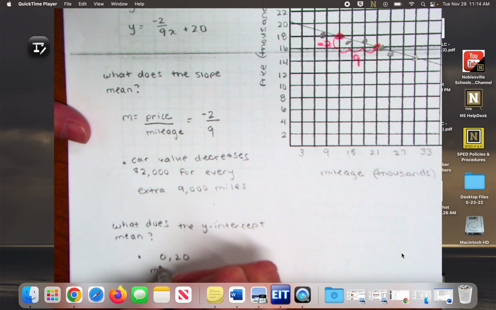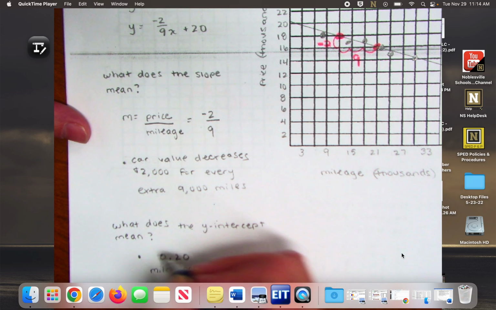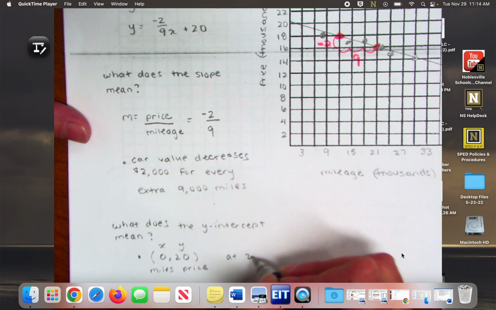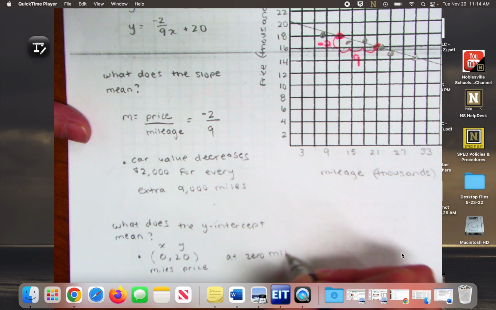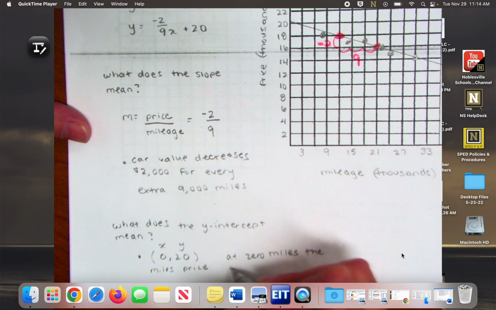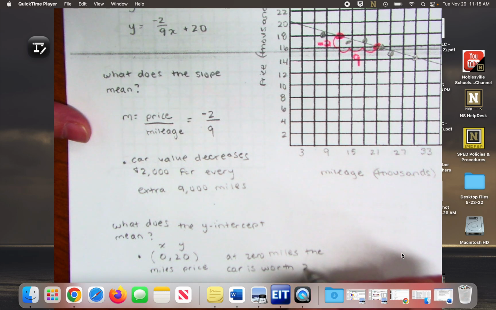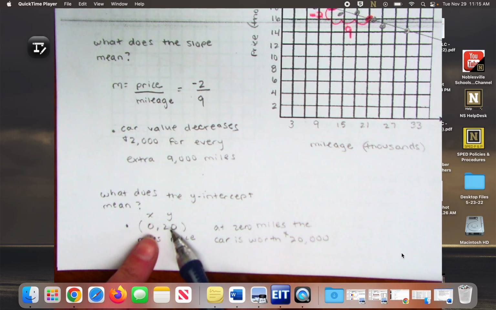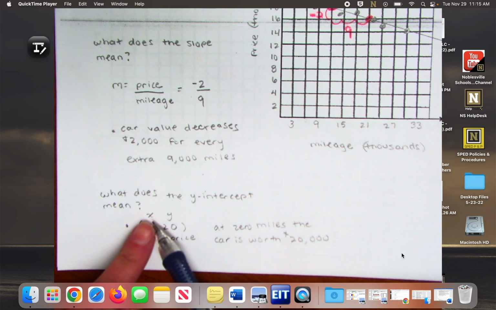So 0 is the miles, 20 is the price, right? Because this is my x and my y. So at 0 miles, the car is worth $20,000, right?